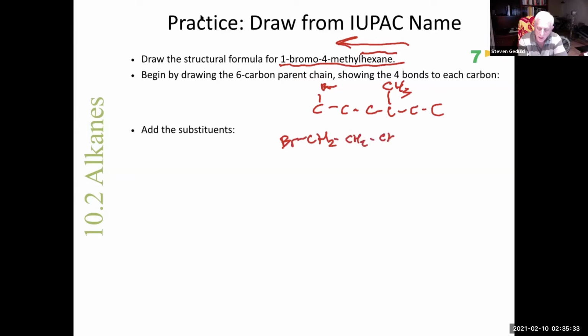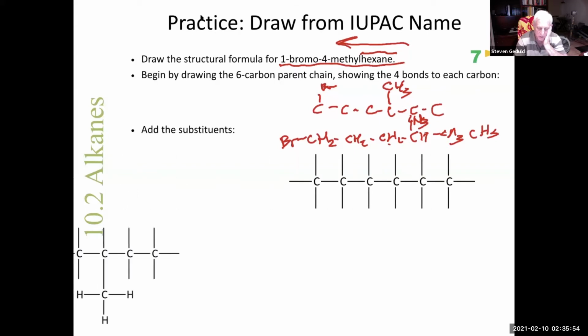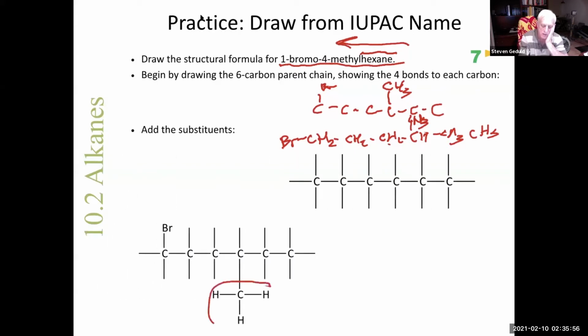CH2, CH2, CH, CH3, CH2, CH3. 1, 2, 3, 4, 5, 6 carbons. And that's your structural formula. Now, to be a lot clearer, once I do it this way, there's 6 carbons. We have the methyl group attached and the bromine group attached at number 1 and number 4.